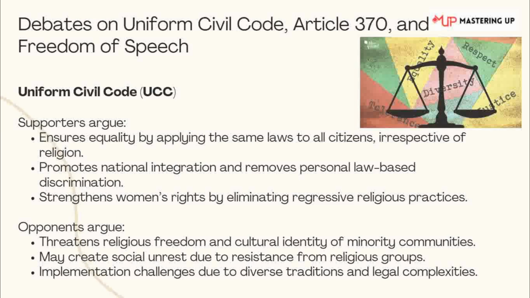Opponents' arguments: it threatens religious freedom and the cultural identity of minority communities, may create social unrest due to resistance from religious groups, and poses implementation challenges due to diverse traditions and legal complexities.